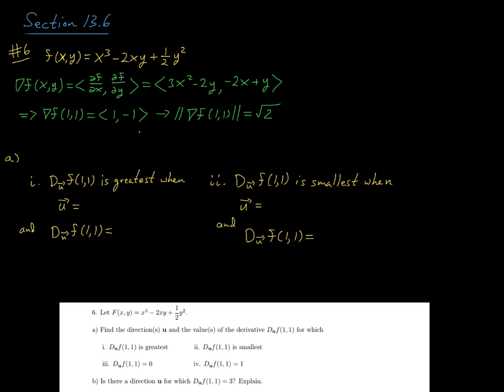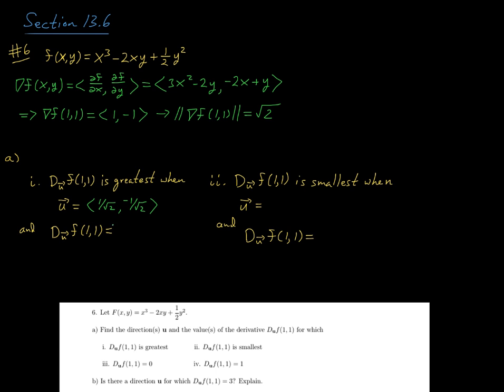So for my answer to part 1, I'm going to move in the unit vector in the direction of the gradient at (1, 1). So this would be (1 over root 2, negative 1 over root 2). I'm just dividing the gradient by its magnitude.